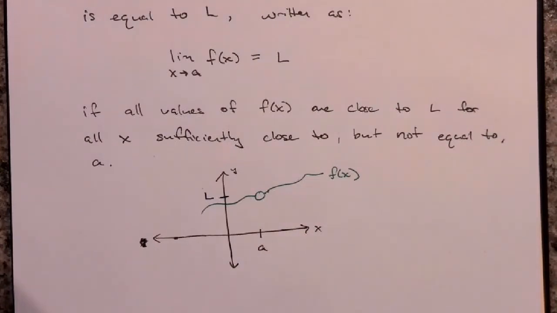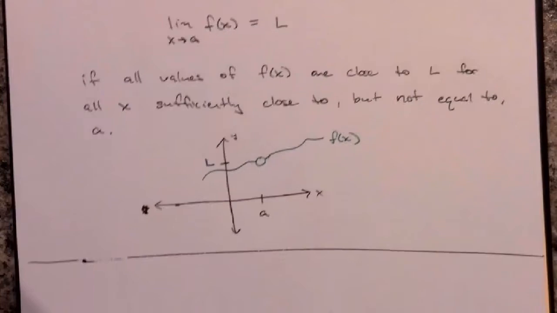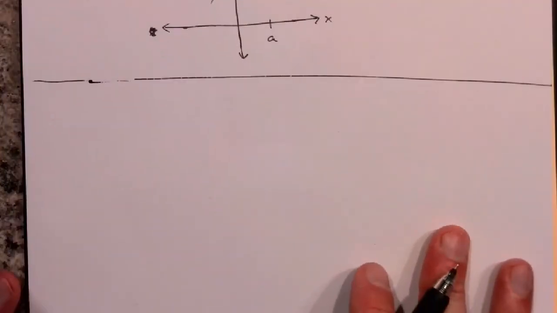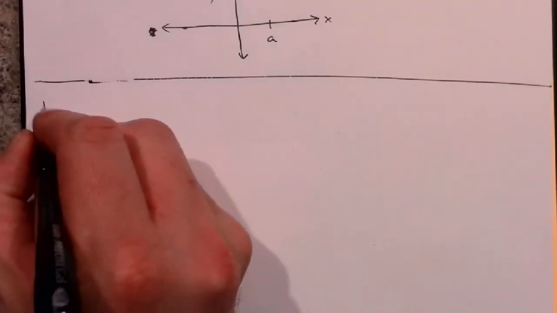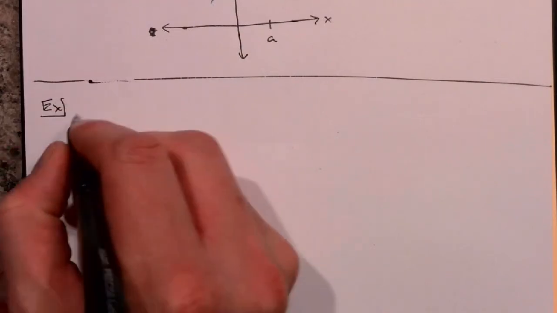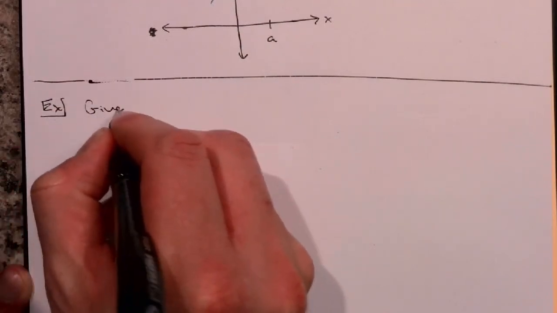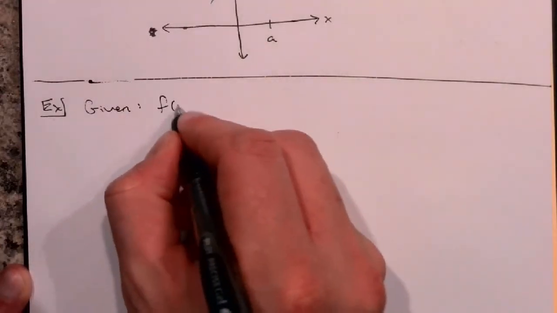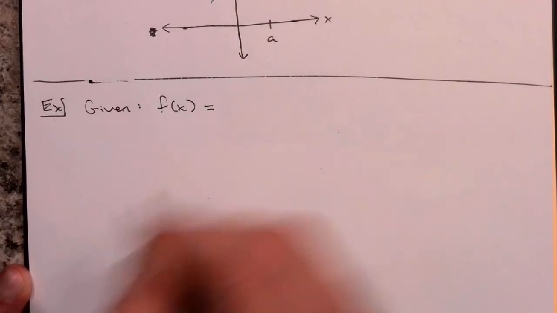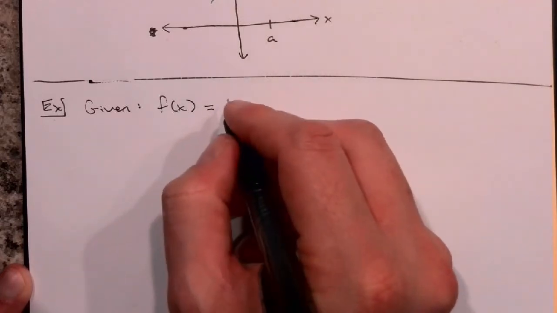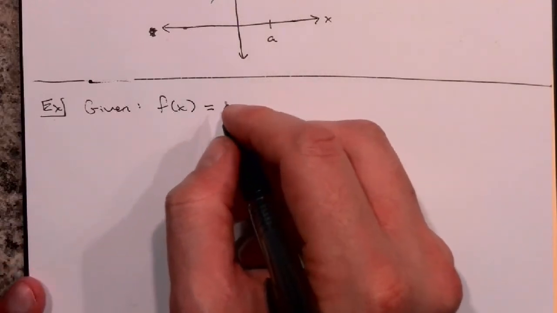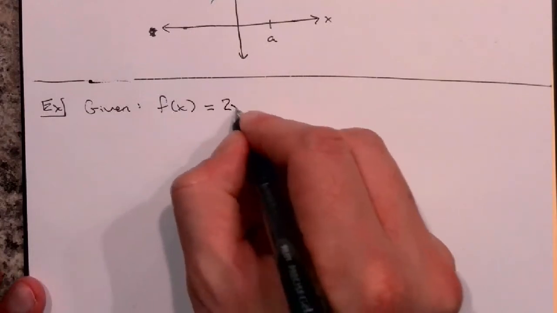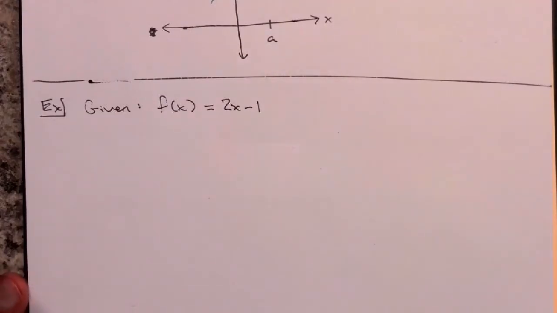So let's look at a few examples. So if I said, for example, given f of x equals 2x minus 1.